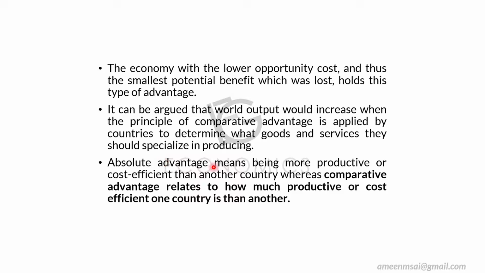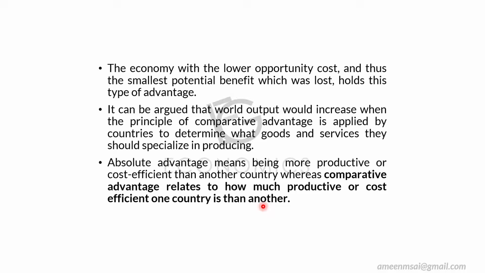Absolute advantage means being more productive or cost efficient than another country. It says that our country should be more productive and cost efficient than another country, whereas comparative advantage relates to how much more productive or cost efficient one country is than another.